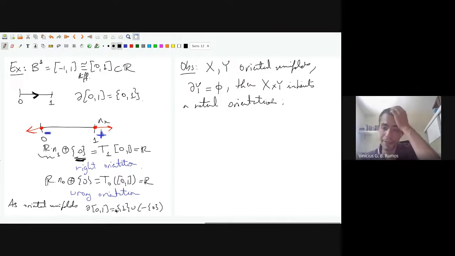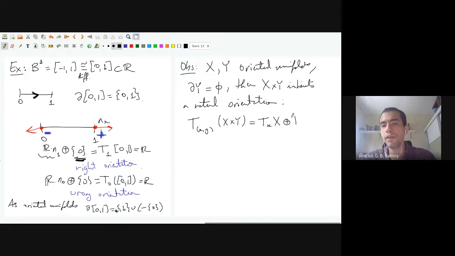And the natural orientation is simple. Basically, if you take a point (x, y) in the product X times Y, the tangent space of the product is naturally identified with the direct sum of these two vector spaces, T_x X and T_y Y. Okay, and that's because if you think of a curve in the product, then gamma(t) is going to be some x(t) and some y(t).